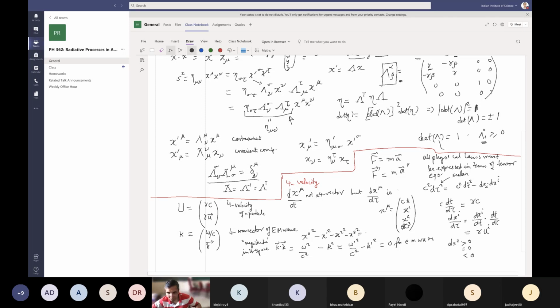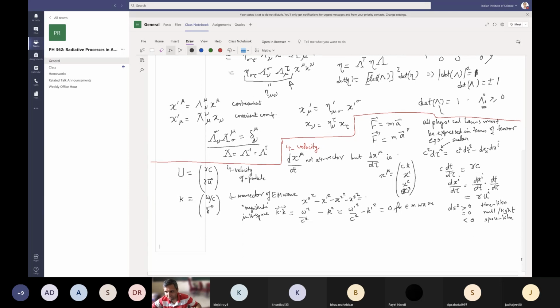The quantities which have ds^2 greater than 0, have c^2 dt^2 greater than dx^2. These are called time-like vectors. This is a null vector, or light-like, because this corresponds to the relation between frequency and wave number of light, and these are space-like intervals. Okay, so this is another 4 vector.